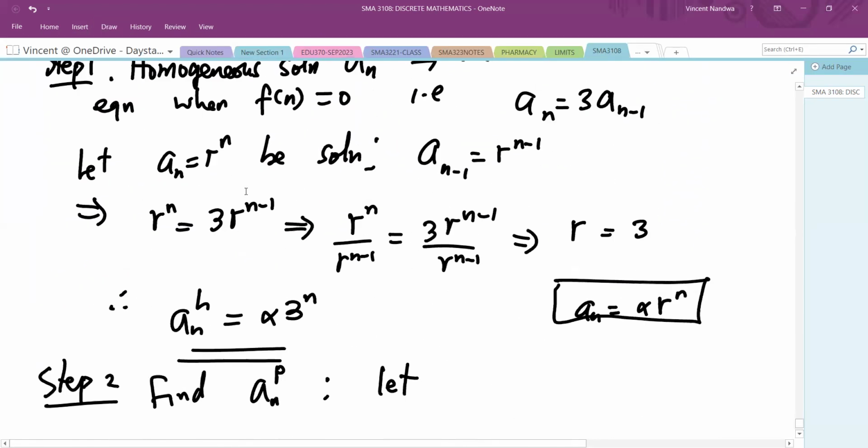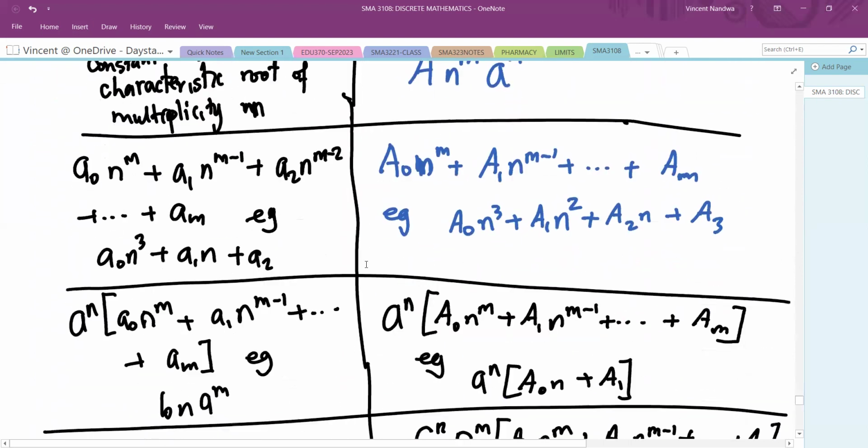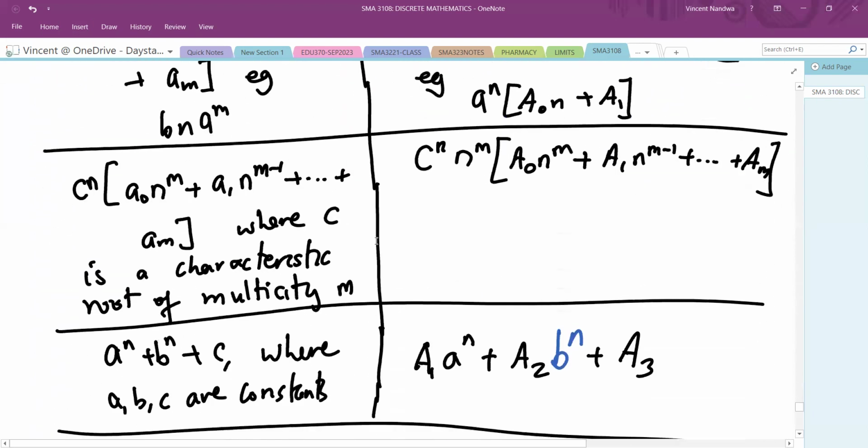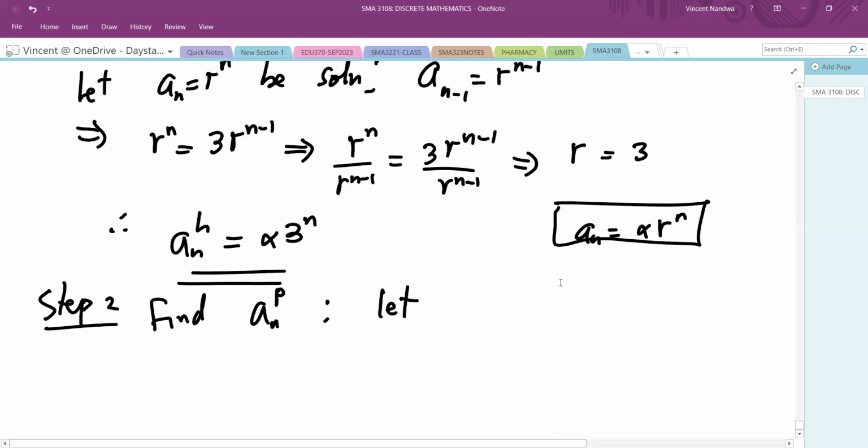So which means then our guess, if we are to follow what we have been discussing in this previous table, will be taking the form of this polynomial structure. So therefore, our guess for the particular solution will be a constant, plus another constant times n, which is a general structure of writing a linear function in n.